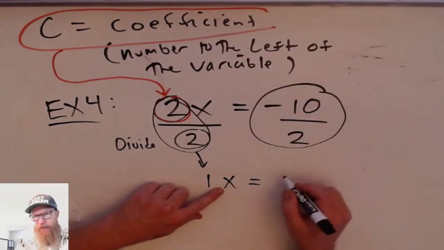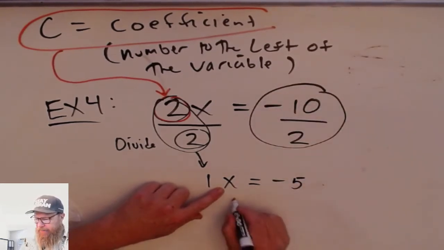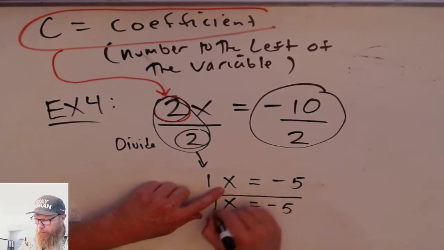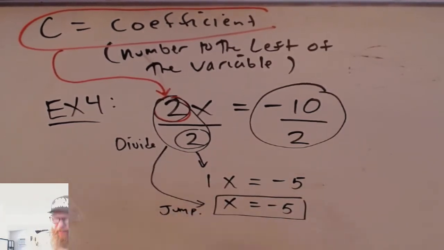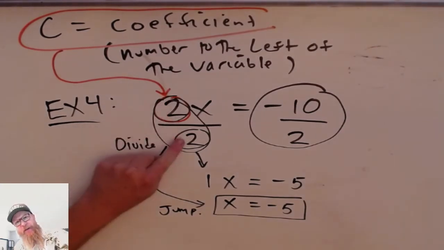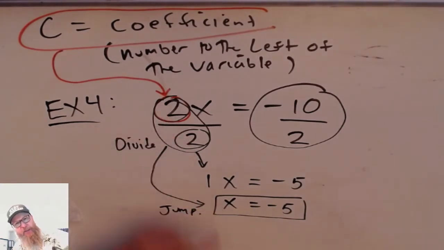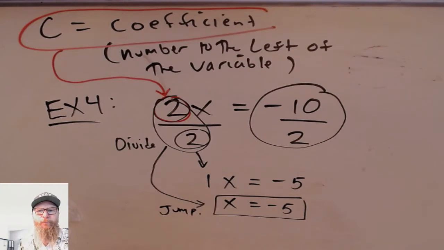Negative 10 divided by 2 is negative 5. And we typically omit the 1. Most of the time, we just jump right to here. We say 2 divided by 2 is 1x, and we just don't bother writing the 1. Okay. So that is the division property.